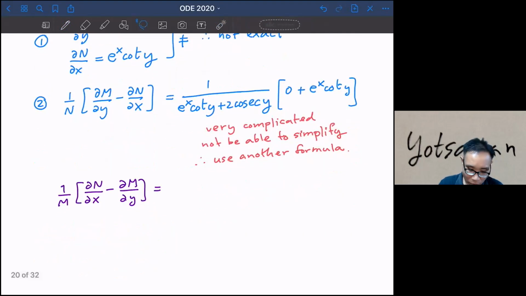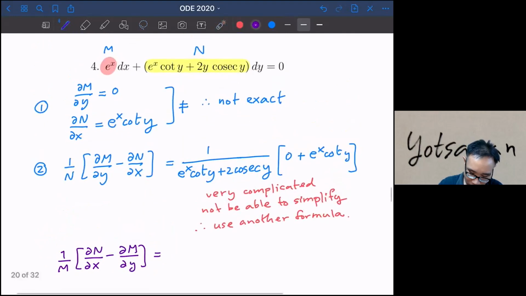Why is this one more computable? Because you see that 1 over M, the M turned out to be the red guy, and the red guy turned out to be 1 over e to the x. This one turned out to be very simple. You have dN/dx subtract dM/dy, so it's going to be e to the x cot y subtract 0.